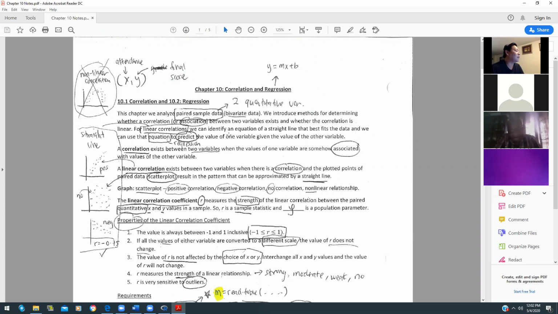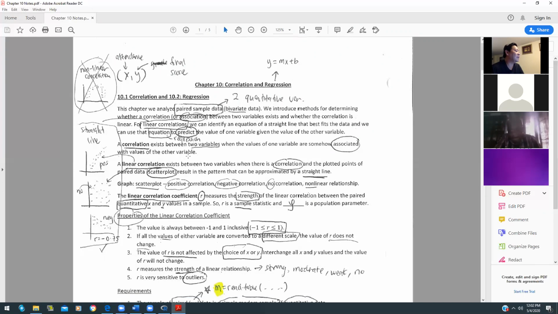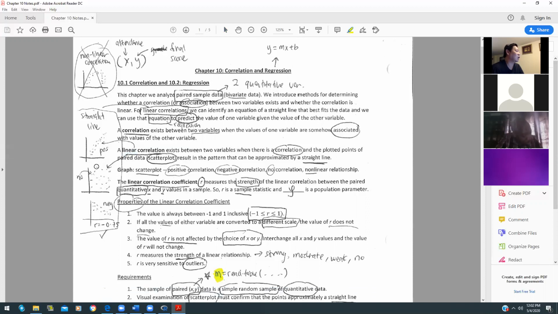Correlation means that the two variables are associated with each other. In order for us to have a linear correlation, which is what we talk about in chapter 10, when you draw your scatter plot, it shows a straight line.